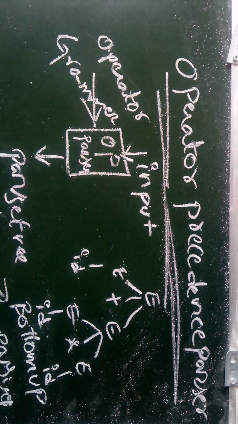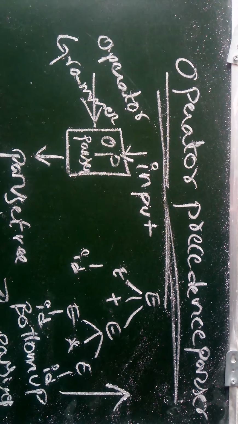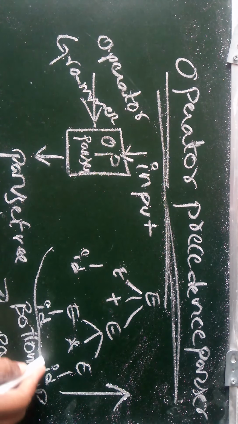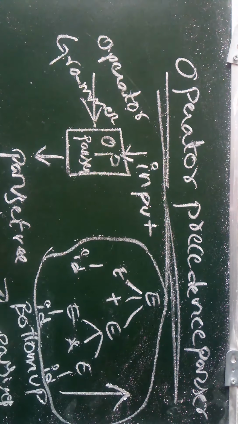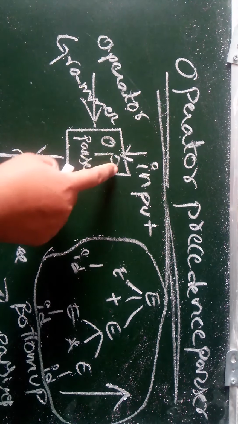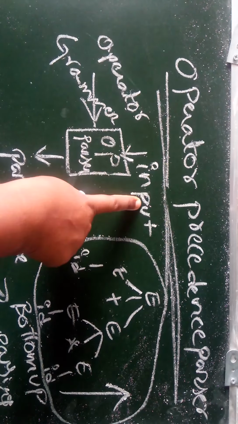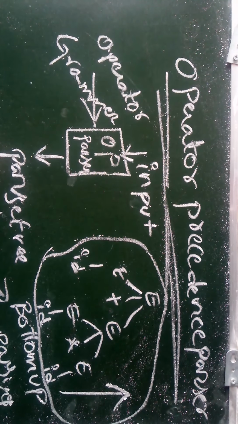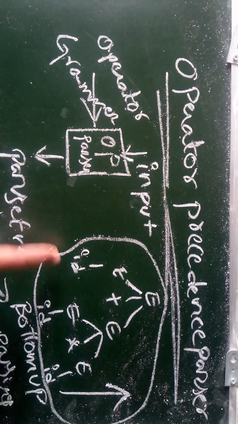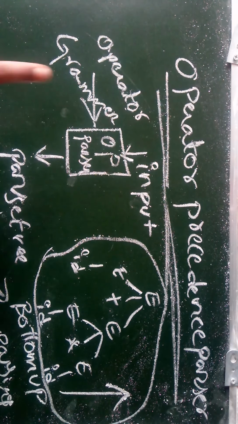This is called bottom up parsing. We all know this is a bottom up parsing parse tree. Here the operator precedence parser takes operator grammar as input and derives a parse tree like this. This is called operator precedence.